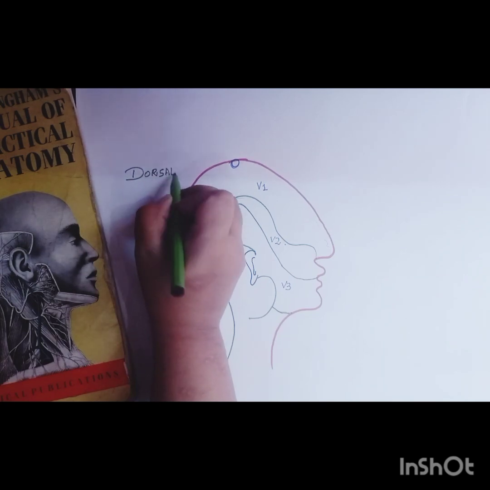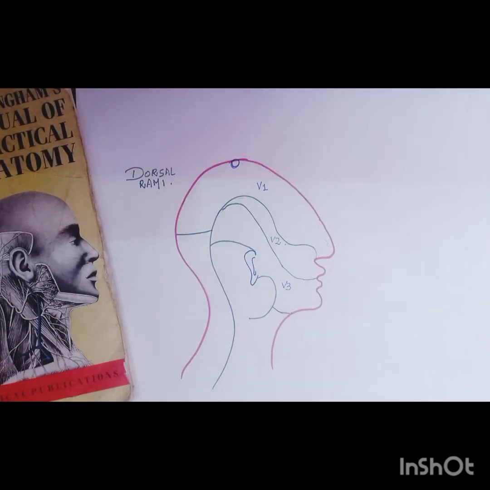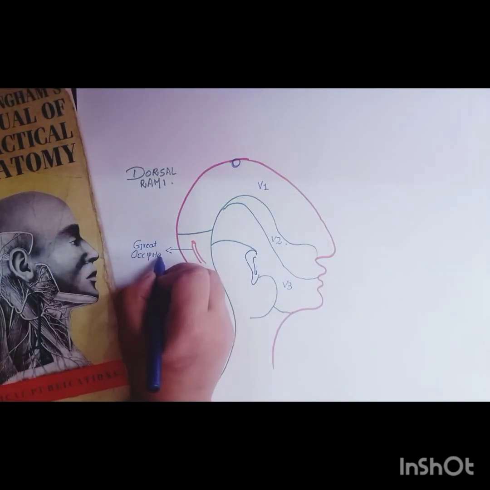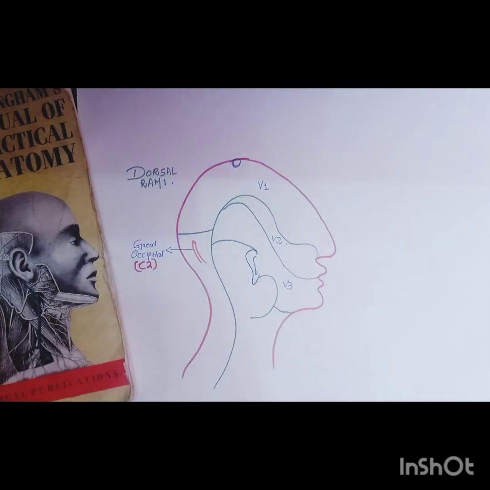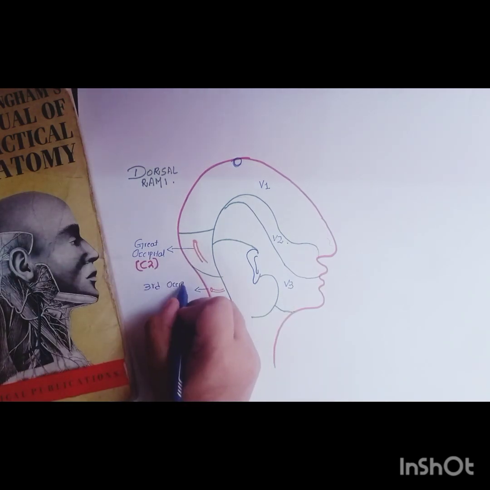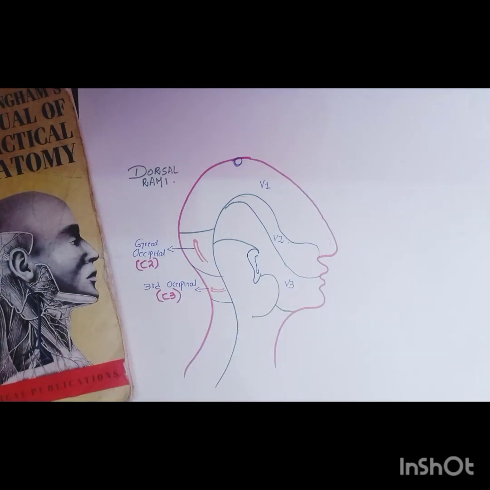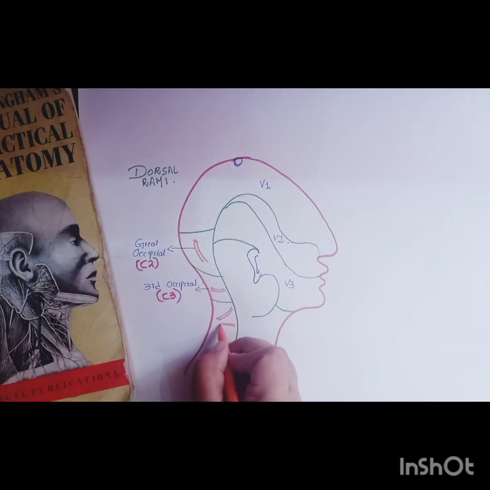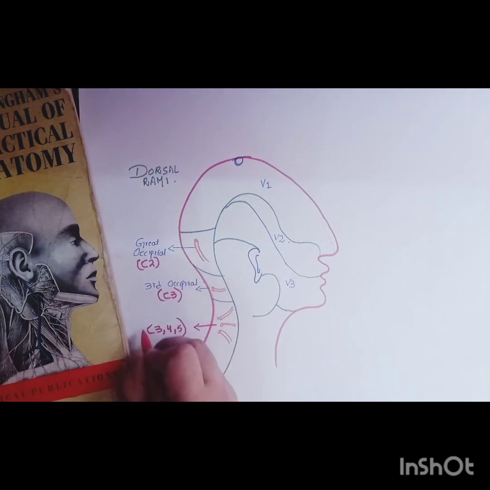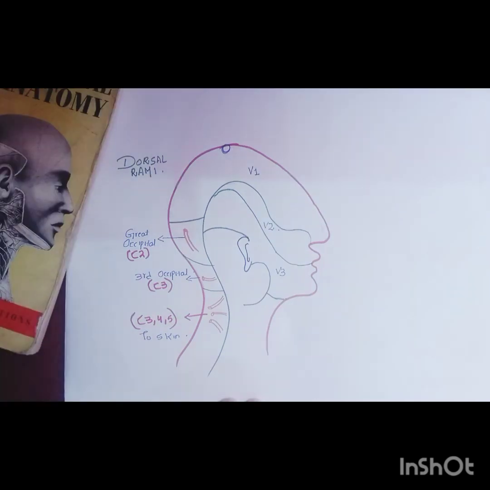The posterior region of the scalp is supplied by branches of the dorsal ramus, like the greater occipital from C2. Below the greater occipital region is supplied by the third occipital nerve from C3, and the skin of the back is supplied by the nerves from C3, 4, and C5, as I explained before.